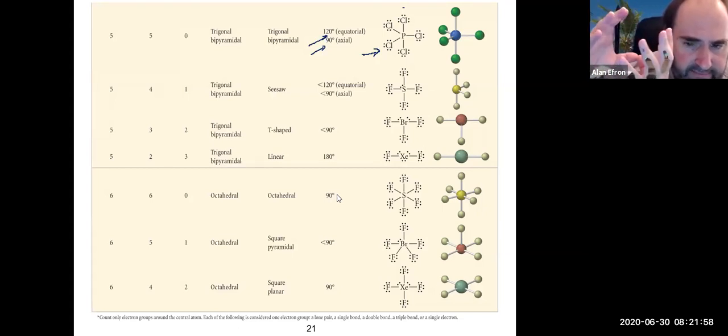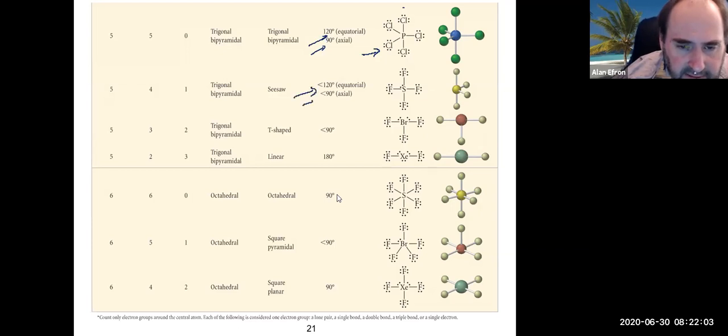With that empty spot there, the bond angle becomes a little less than 120 or 90 degrees. So with the absence of that bonding pair, there's a little bit more flexibility in how that molecule can bend.